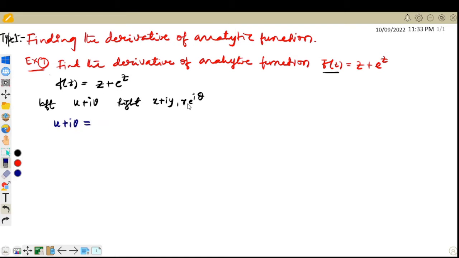The right side I am substituting z is equal to x plus iy plus e raised to x plus iy.